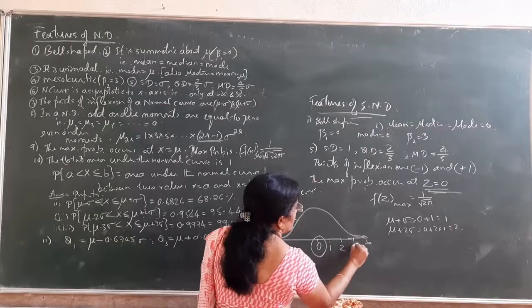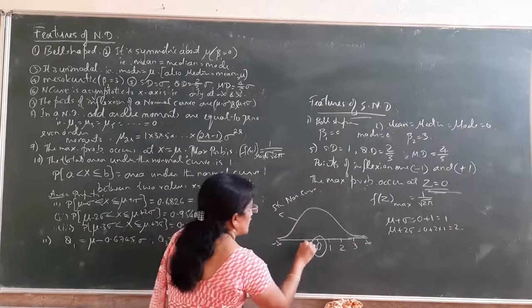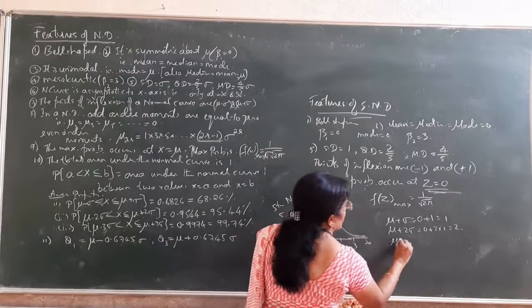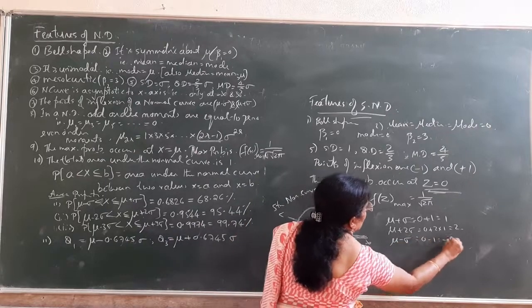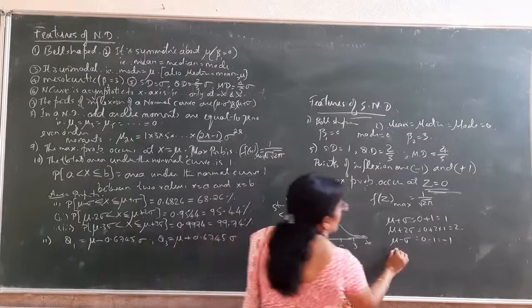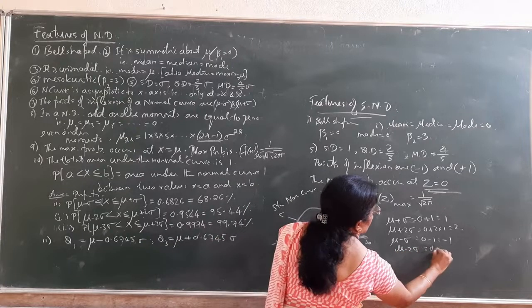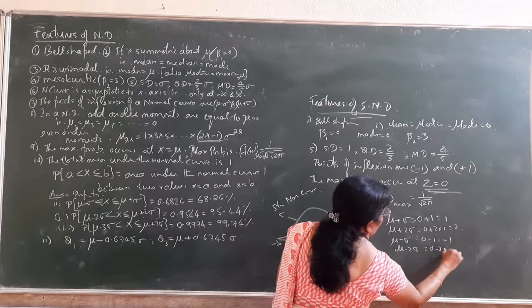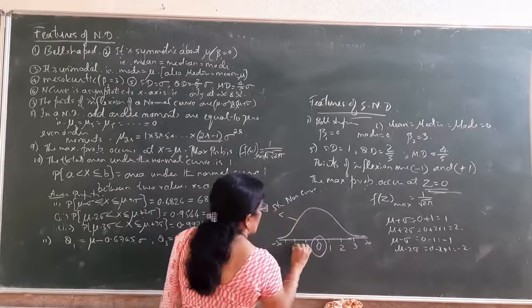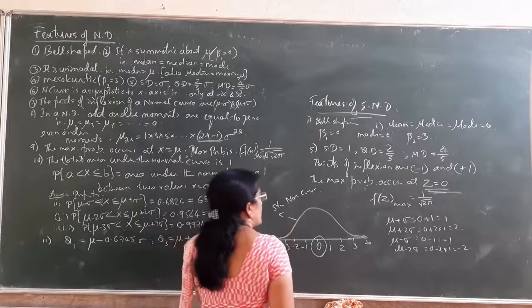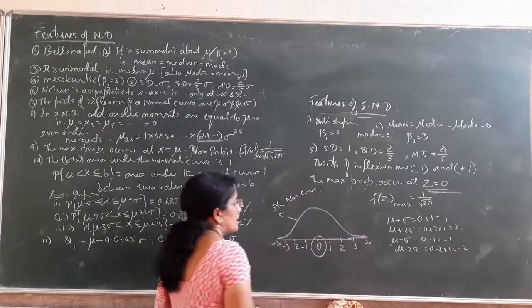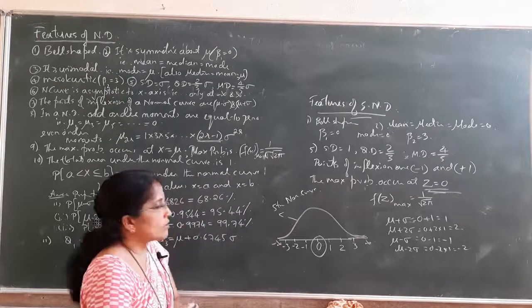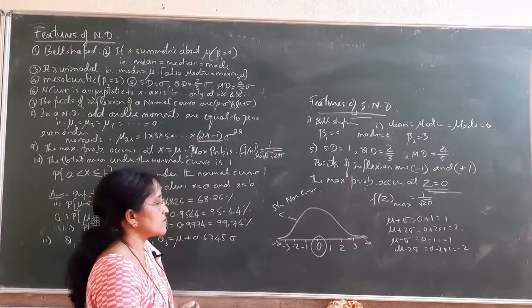So here 1, 2, 3. Next, on the left side, mu minus sigma, 0 minus 1, which is equal to minus 1. Similarly, mu minus 2 sigma, 0 minus 2 into 1, minus 2. Similarly, minus 3. Now, this is the standard normal curve, or the probability curve of the standard normal distribution.